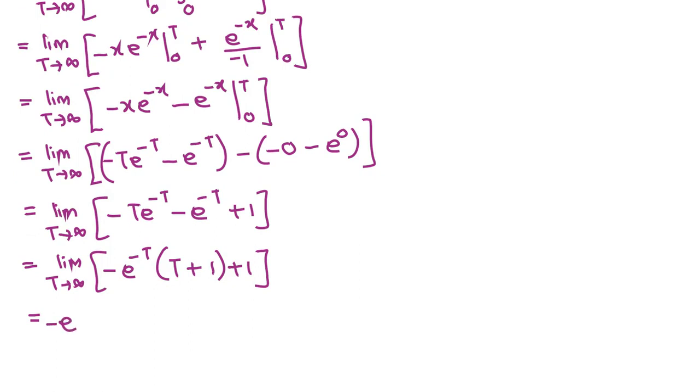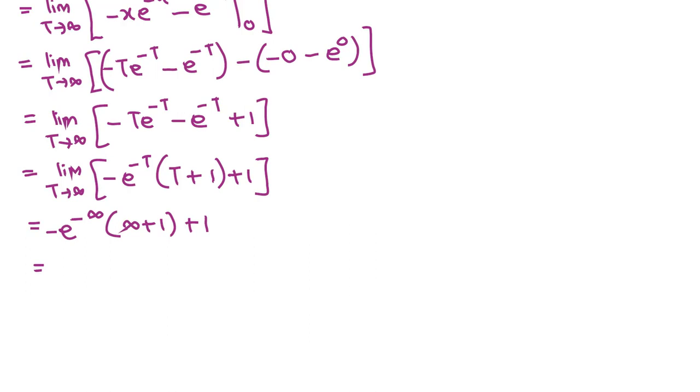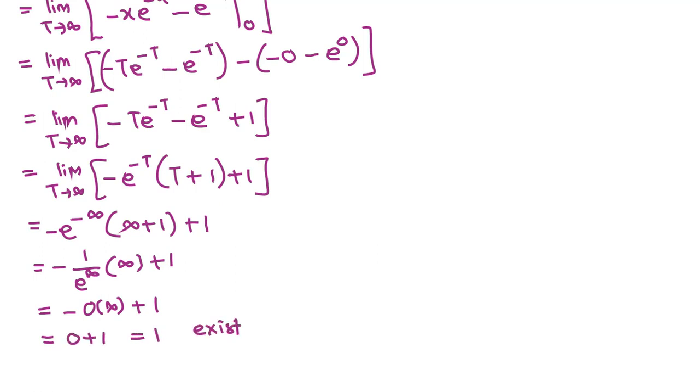You get negative e to the negative infinity times infinity plus 1, plus 1, which equals negative 1 over e to the infinity times infinity plus 1, which tends to 0, plus 1. Negative 0, and the last answer is 1. So the value is finite, so you can say that the answer is convergent.